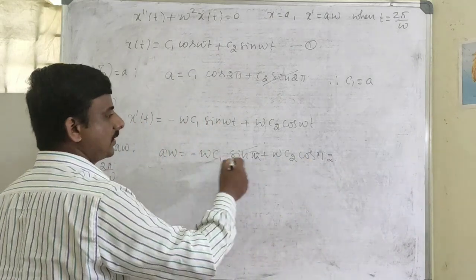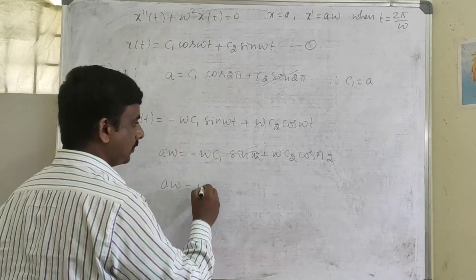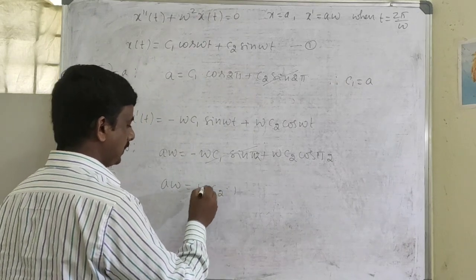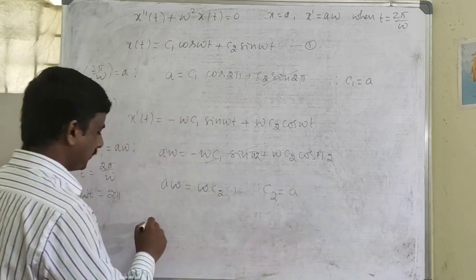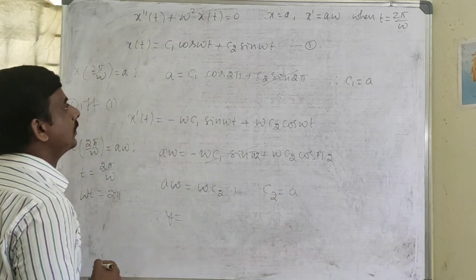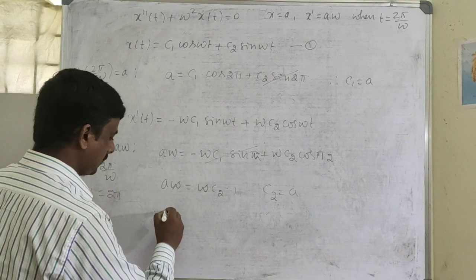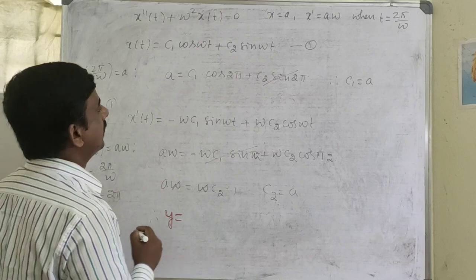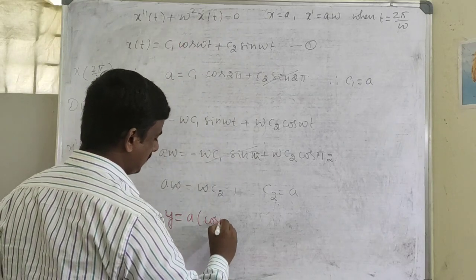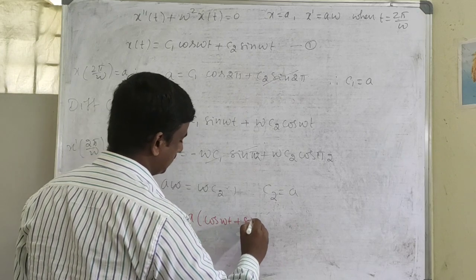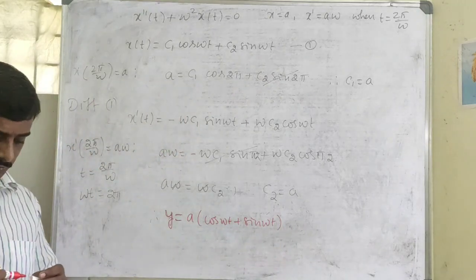Again sin 2 pi is 0, cos 2 pi is 1. So a omega equal to omega c2 into 1. Omega gets cancelled, and c2 is also a. Therefore x equal to a times (cos omega t plus sin omega t). That is the required solution.